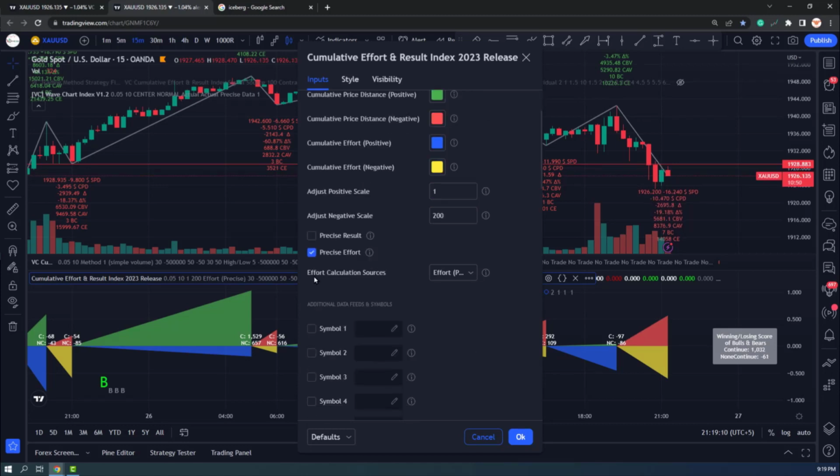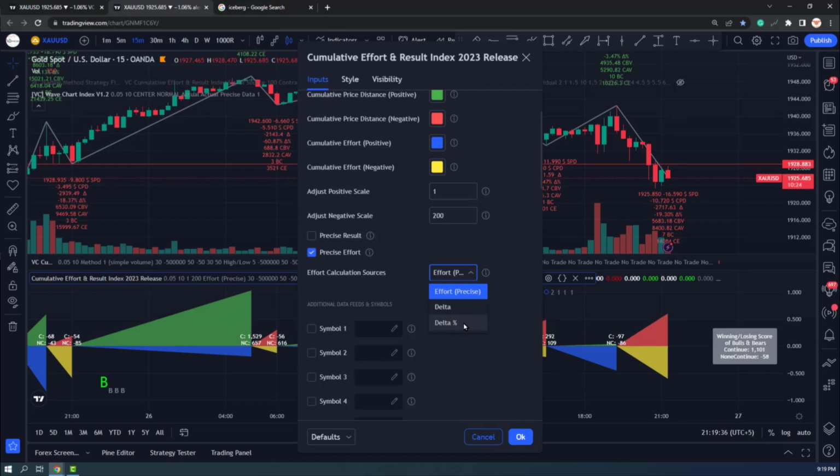So that's why we use precise effort. The other one is effort calculation source. There are three types of sources that we can use to calculate the negative side of the histogram, the effort. The first is precise effort, the second is delta, and the third is delta percentage.